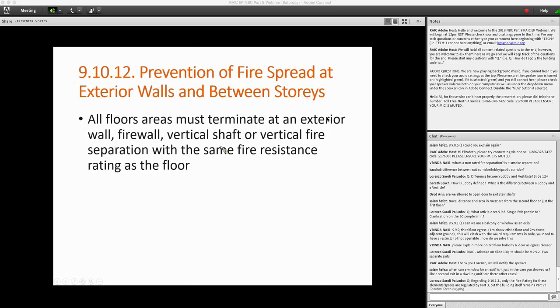Prevention of fire spread at exterior walls and between stories. So the first thing is that typically floor areas are required to terminate at an exterior wall, a firewall, or a vertical shaft.